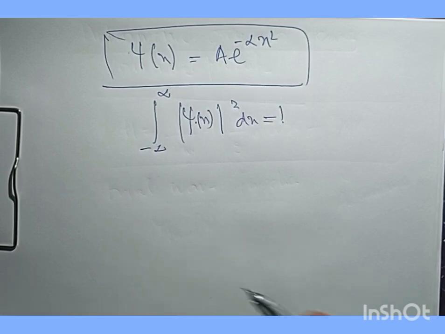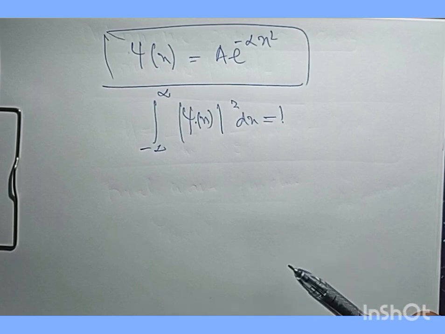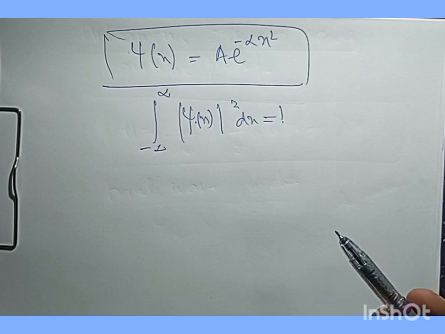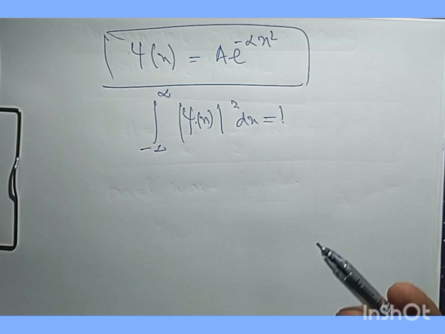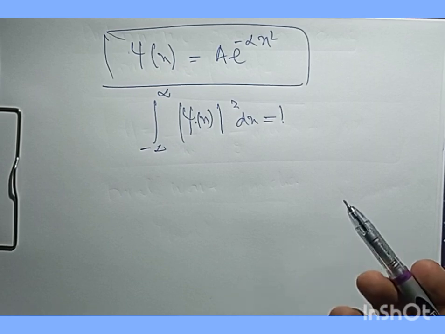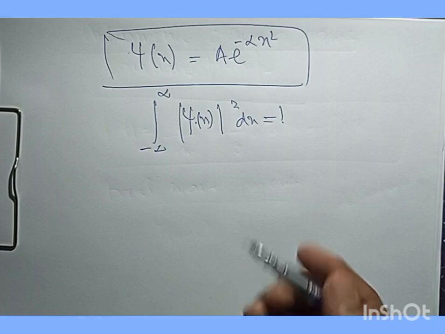The variational principle states that the expectation value of the Hamiltonian calculated with the trial wave function provides an upper bound to the true ground state energy.